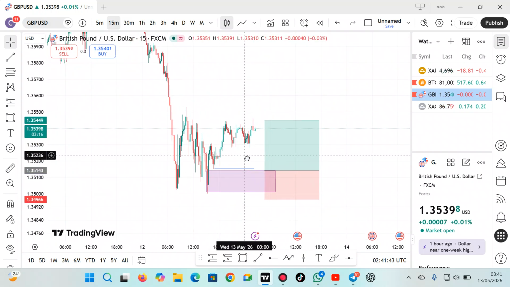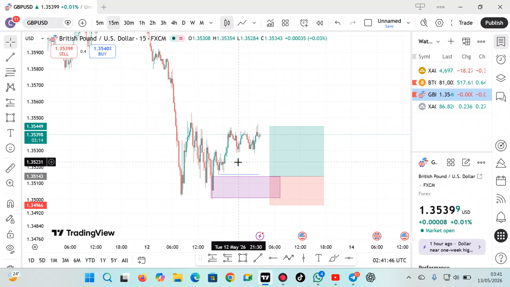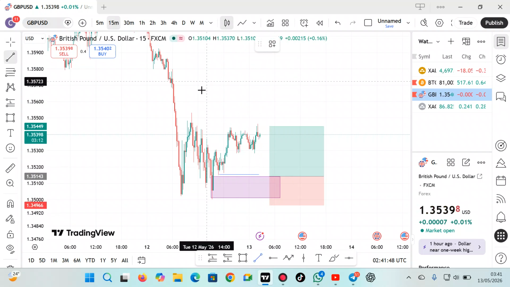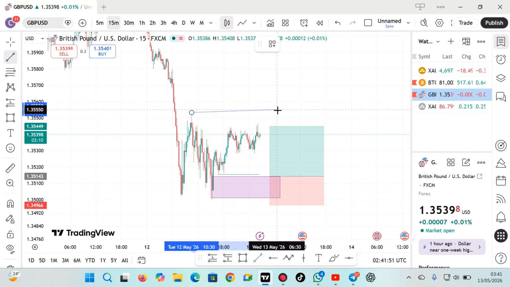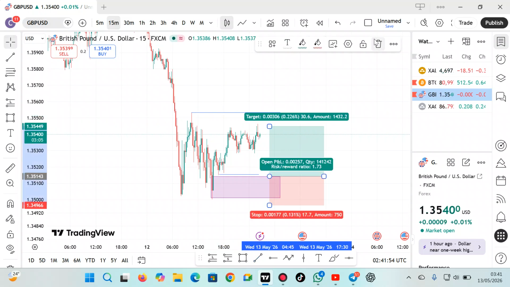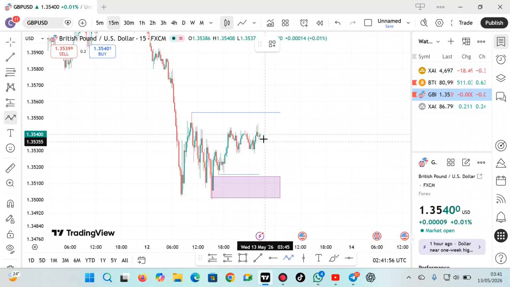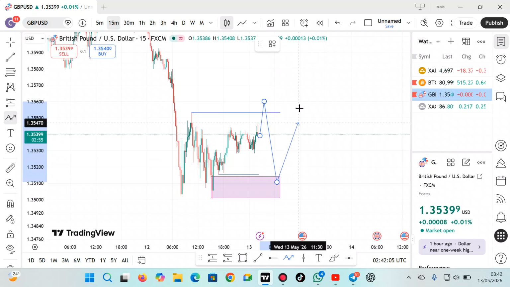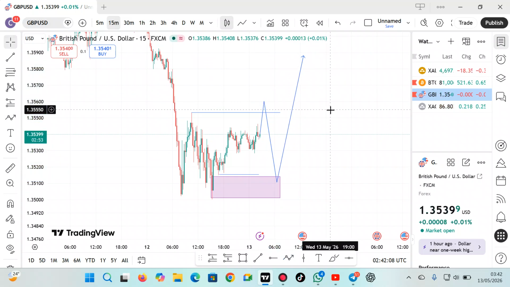Now we are still missing one thing from this particular move. We are looking for a break of structure. So what do you expect this break of structure to do? We expect this market to break this high with full body and come back to pick this liquidity at that zone before continuing to move to the upside.